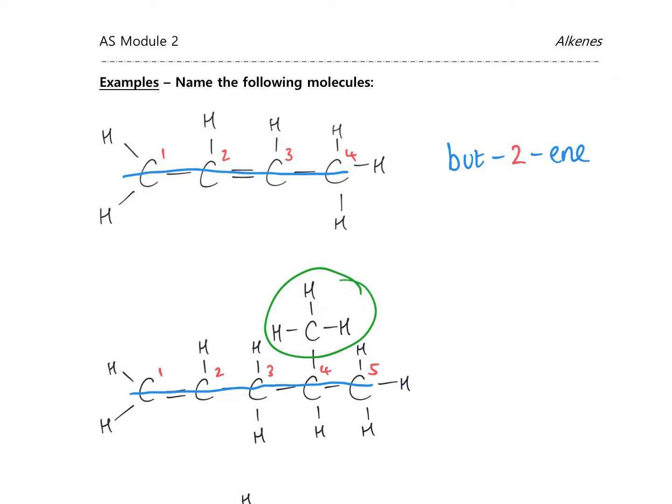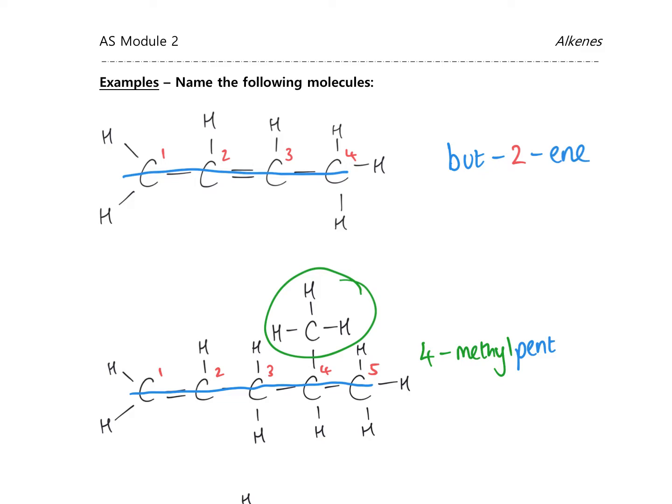So the double bond is between carbon 1 and 2. So as always, we name our substituents first. They go at the start of the name. So that's going to be 4-methyl. Remember, numbers separated from words with a dash, and that's a CH3 group, which is a methyl group. Then the prefix of the carbon chain is going to be pent.